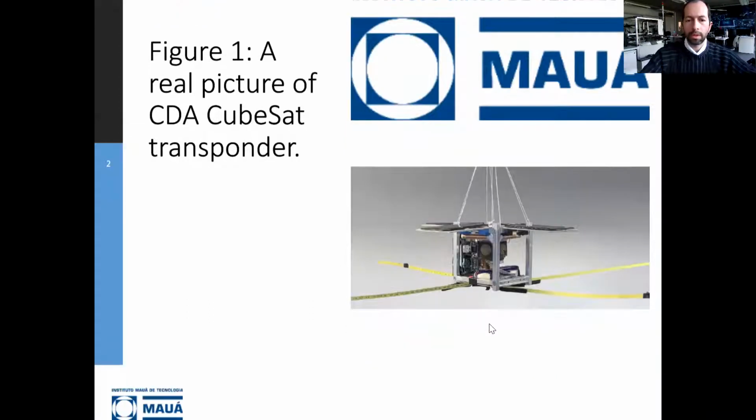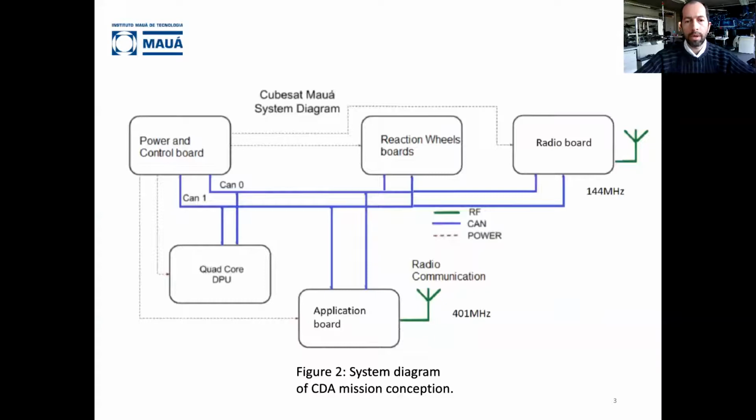For this project, we have some boards, and you can see it's easy to communicate between boards because we have two networks, CAN 0 and 1.